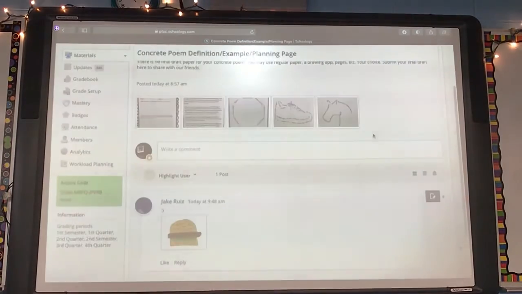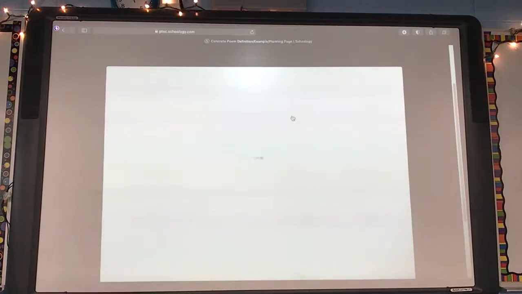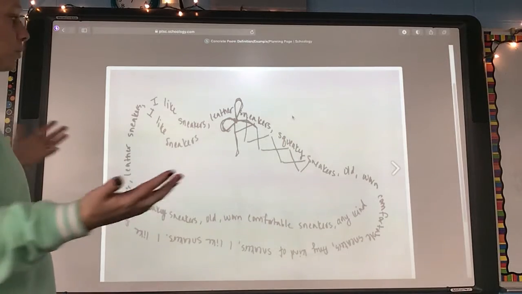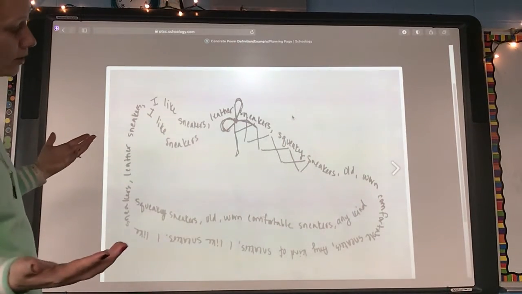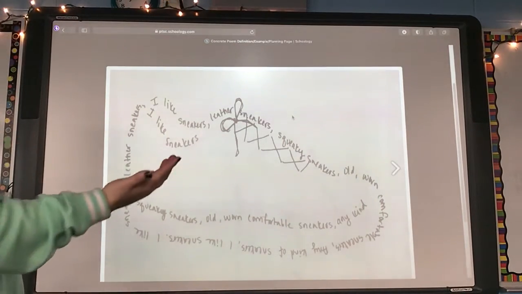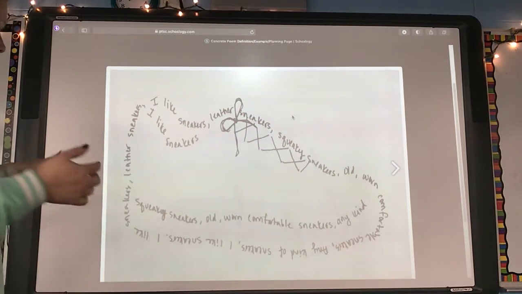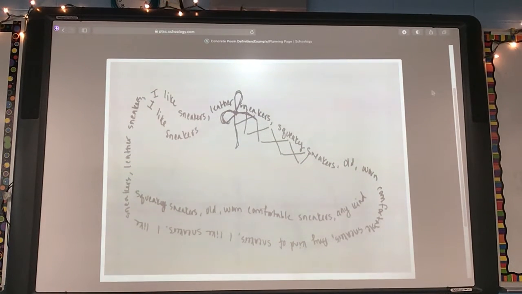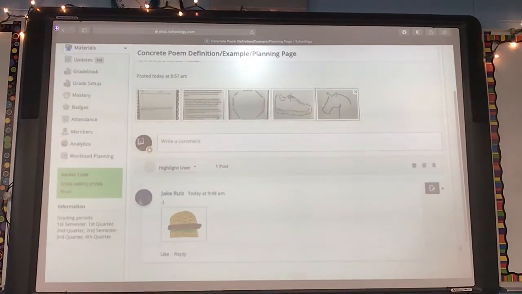And then they also have an example using a shoe. It says, I like sneakers, leather sneakers, squeaky sneakers, old, worn down sneakers, comfortable sneakers, all different kinds of sneakers that this poet liked. Obviously, both of the examples with the shoe and the horse, very obvious in what the topic was, right?